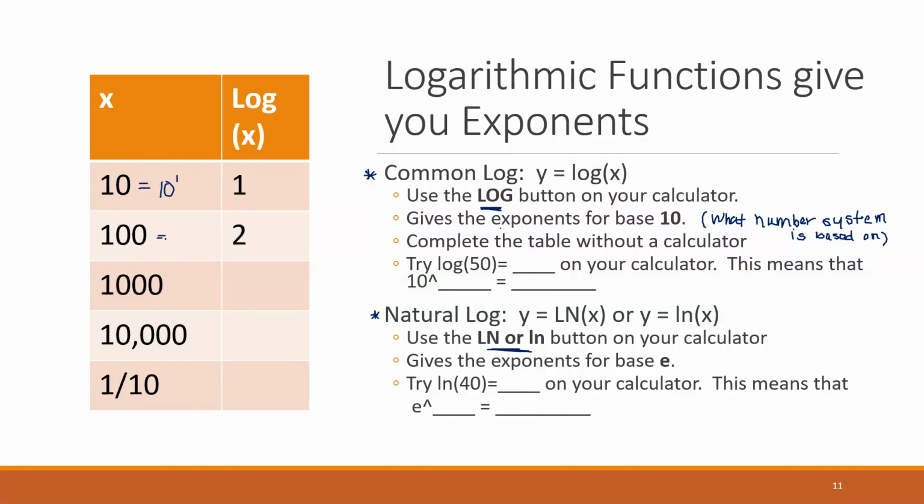Now we know that 100 is 10 squared. So on our calculator, if we take log of 100, it's going to give us an answer of 2, because 2 is the exponent for 10 that gives you 100.